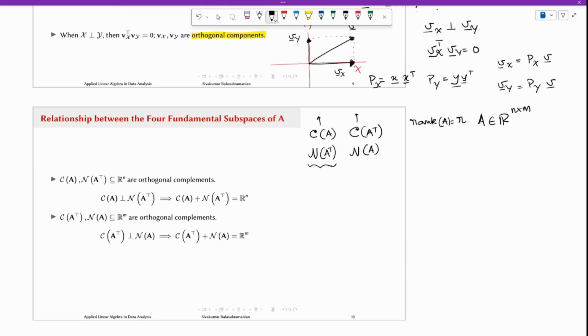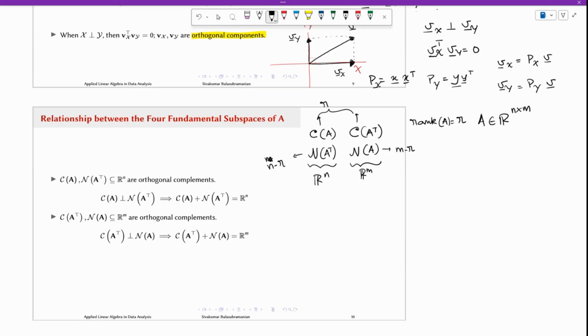See, these two will belong to Rn. These two will belong to Rm. The row space and the column space will have dimension R. This will have n minus R. This will be m minus R. Okay. This is what we saw earlier.